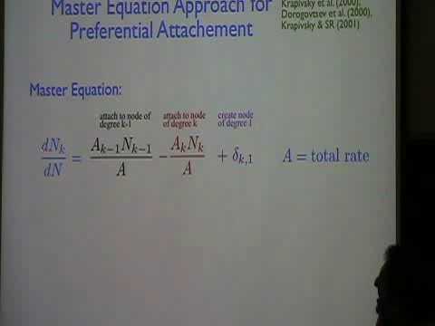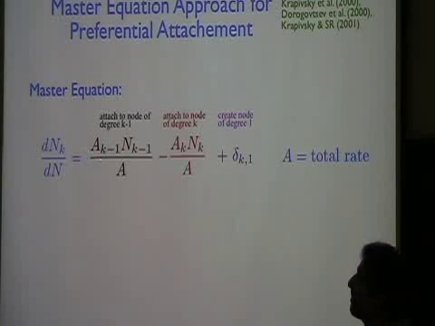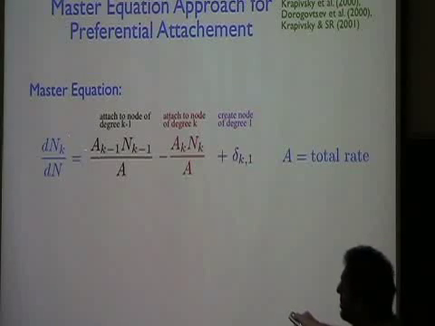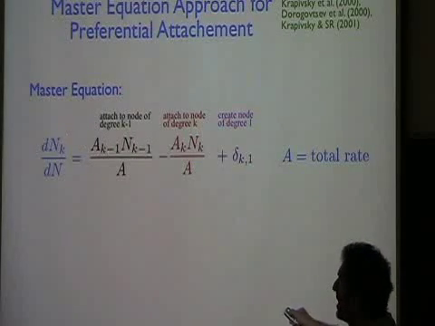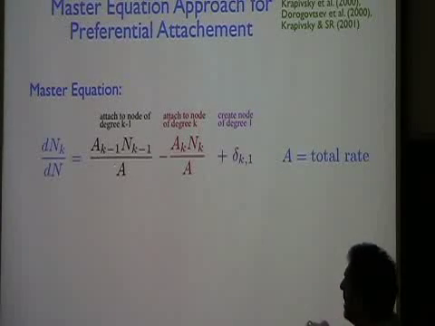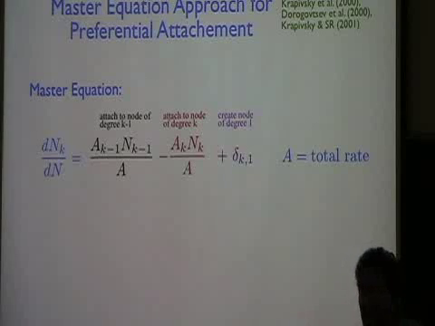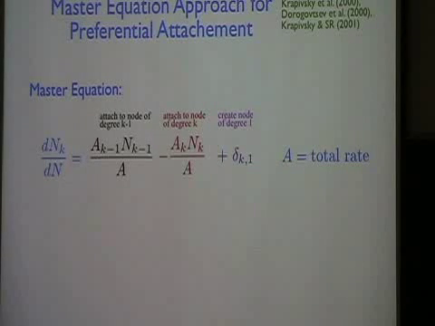Okay. Anyway, so here is our master equation, and again, the rate at which you attach to a node of degree k minus 1, let's leave it now perfectly general. Let's just call it some arbitrary function of k. So the rate at which you attach to a node of degree k minus 1 is a_{k-1}. The rate at which you attach to a node of degree k is a_k. And I divide by the total rate, so this ratio, a_{k-1} over A, is the probability in a network of N nodes that I will attach to a node of degree k minus 1.